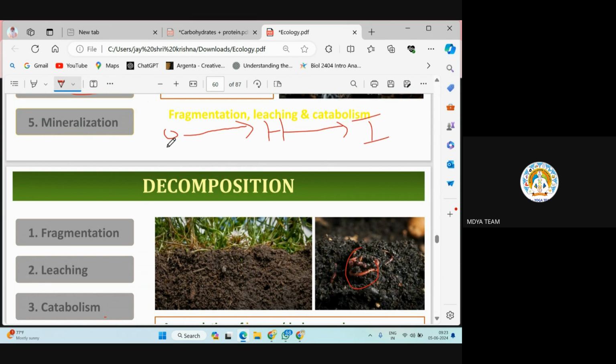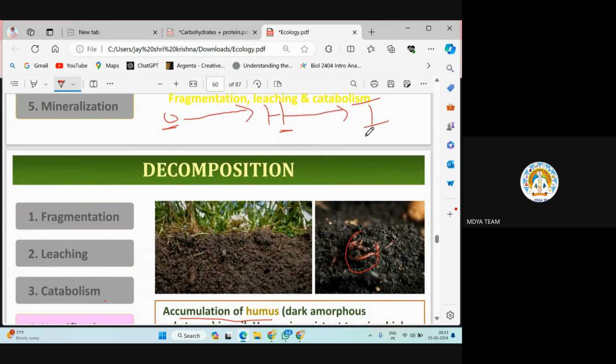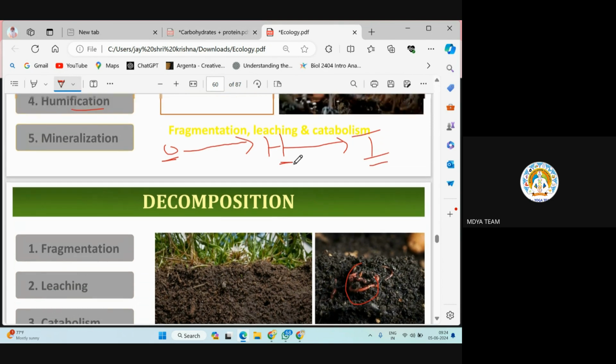The process of changing organic material into humus, half decomposition we can say, is a very fast process, and the conversion of humus into inorganic substances completely is a very slow process. Did you understand this?